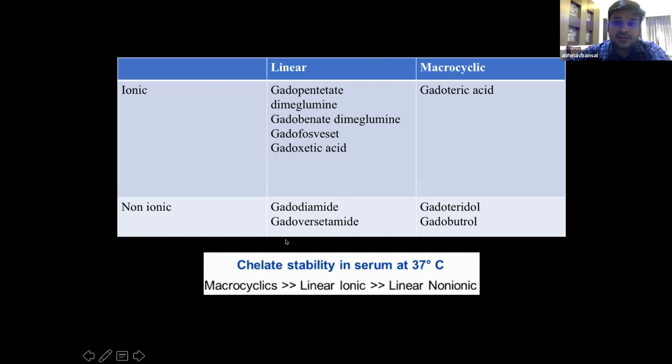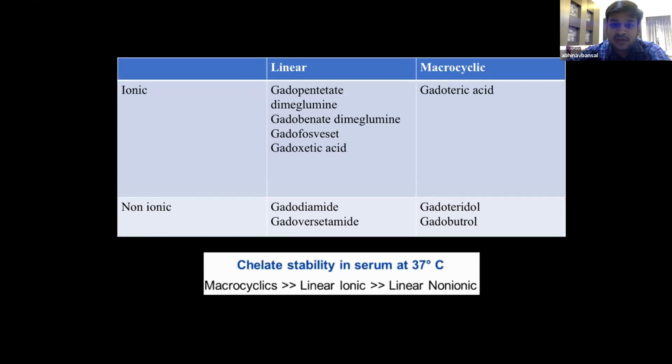Both linear and macrocyclic agents can further be classified into ionic and non-ionic compounds. Ionic compounds, because of the ionic interactions, have better binding and they dissociate less readily. The common linear ionic agents are gadopentetate, which was the first gadolinium-based contrast agent introduced.